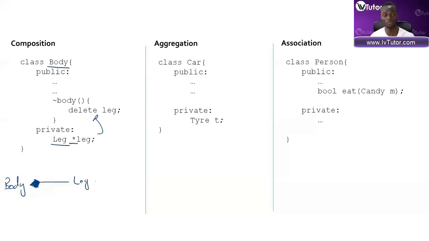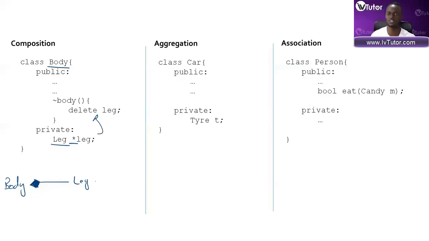But it's possible for a class to have a pointer where the relationship is not composition, because the class is not responsible for deleting that object. So every time I see a pointer, the first thing that crosses my mind is that this is a composition relationship, but just be careful, because there are cases where it might not be. That's basically what a composition relationship is.